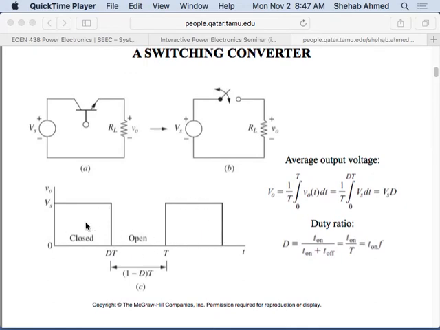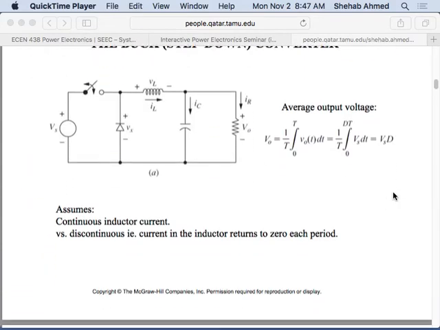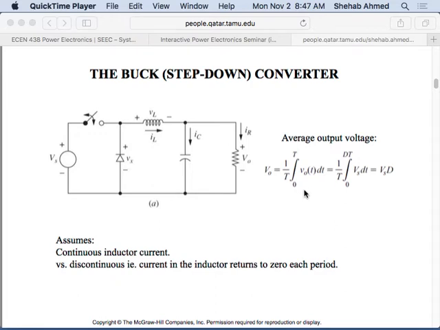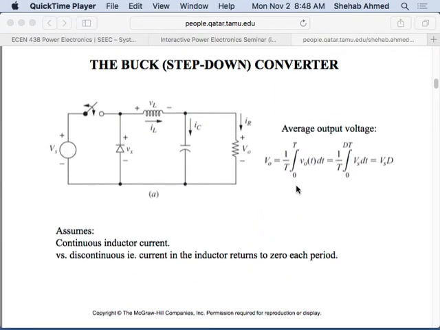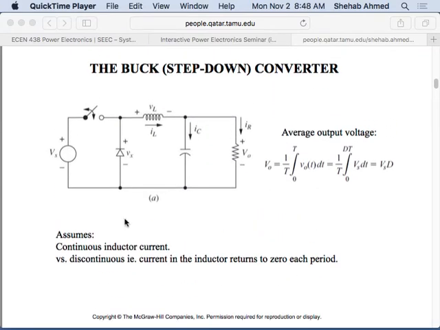To calculate the average value of this pulsed waveform, it's the integration of voltage over the period, which equals the input voltage multiplied by the duty ratio. It's the same thing here. They don't draw the waveform on this slide, but we drew the waveform for Vx before, so we know this is a low pass filter that only allows the average value to pass through.